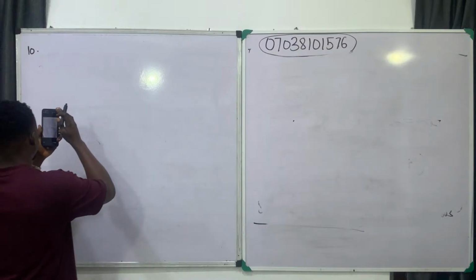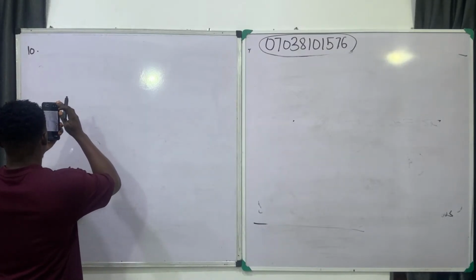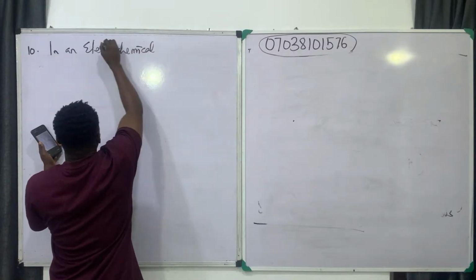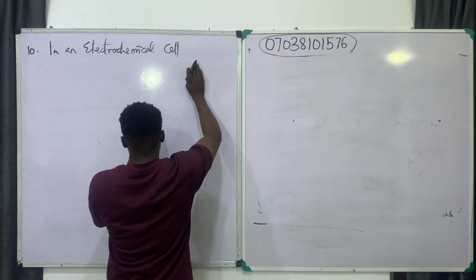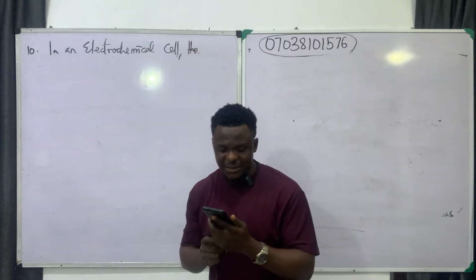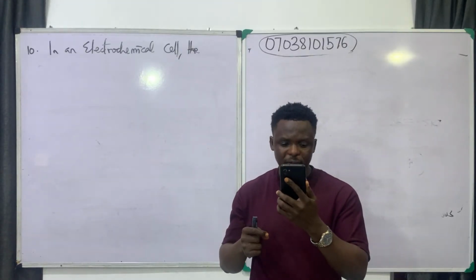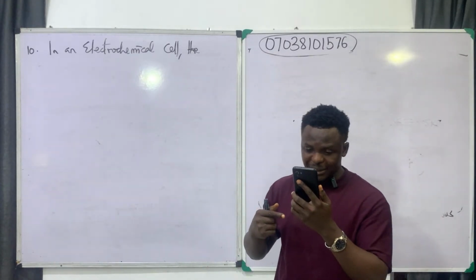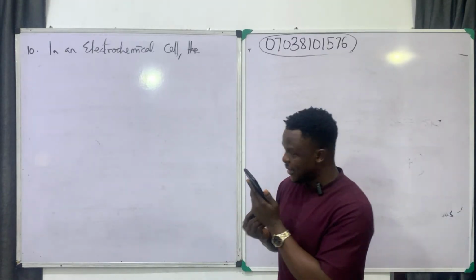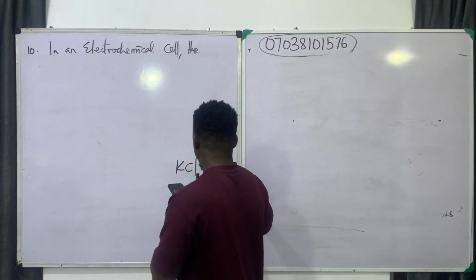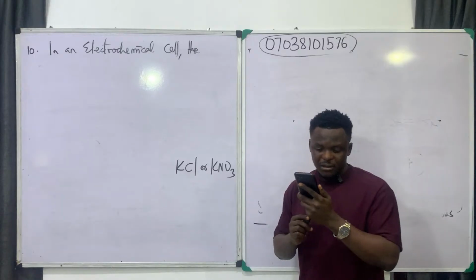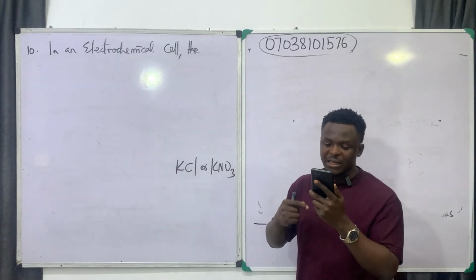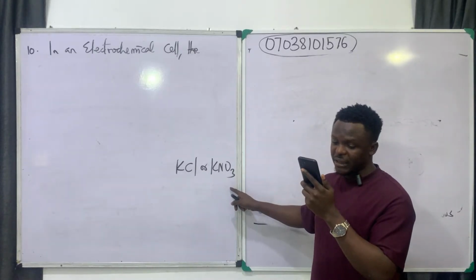Let me just read the question, class. The question says, in an electrochemical cell, the medium through which ions can pass, that is usually filled with KCl or KNO3 in gelatin, is called dash.